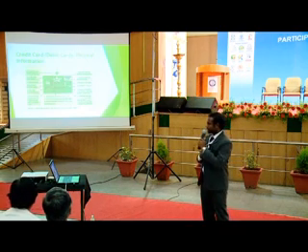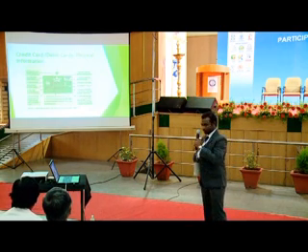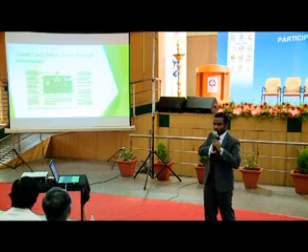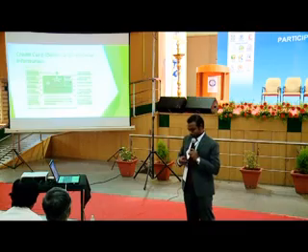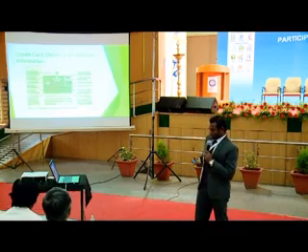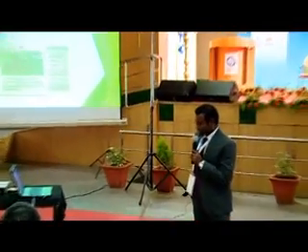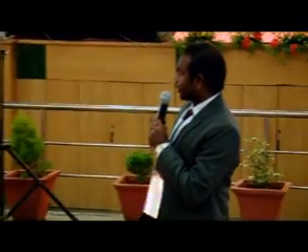I would like to show what is appearing on the credit card or debit card. When you see the credit card, you can see a company logo. This is my HDFC credit card.